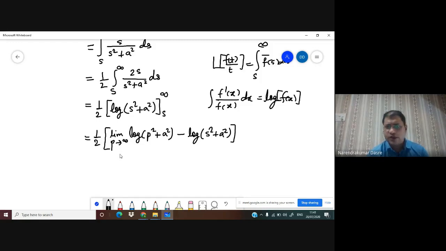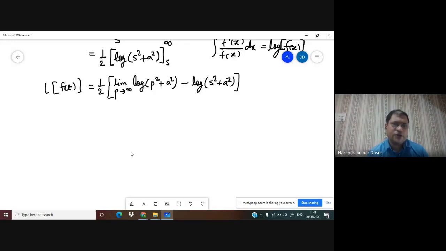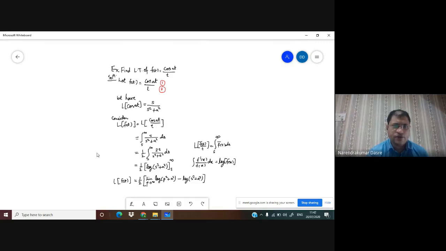Now we have to be careful. What about this term? This term is very good. It is going to be finite, so we don't have any problem with this term. And moreover, this is in the division, which is non-zero, so that is also okay. So we have the problem with this term. What we are finding here is the Laplace of f of t. Now we have the question: what is this limit?